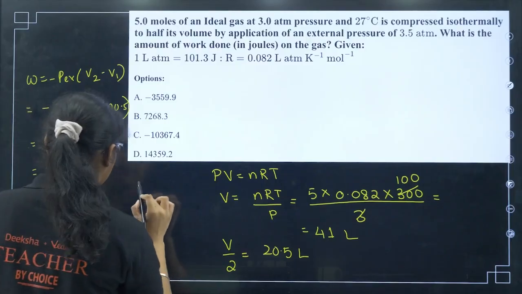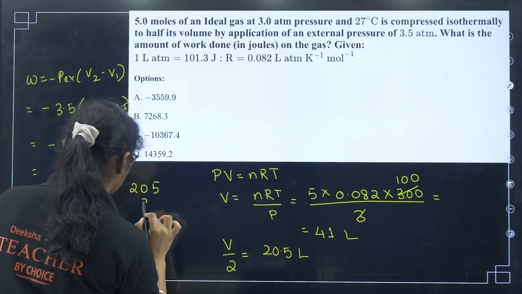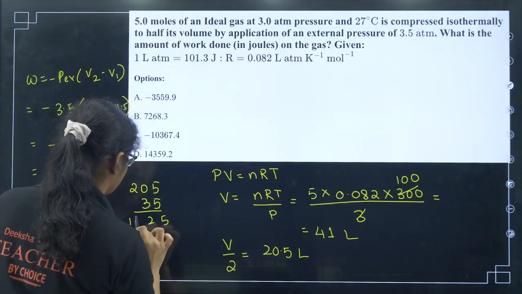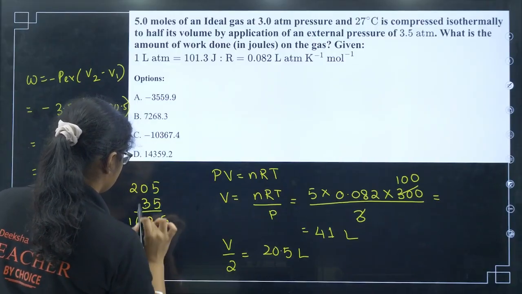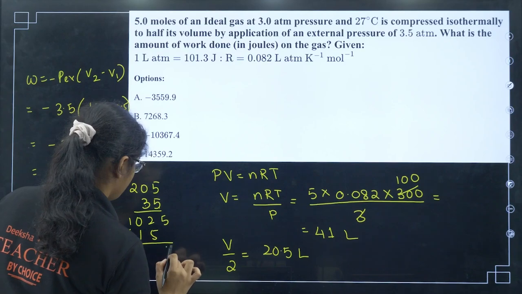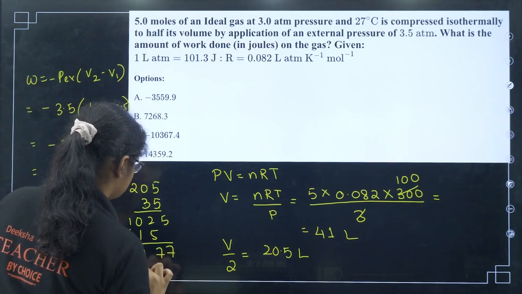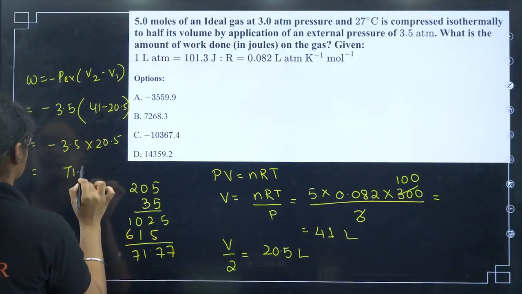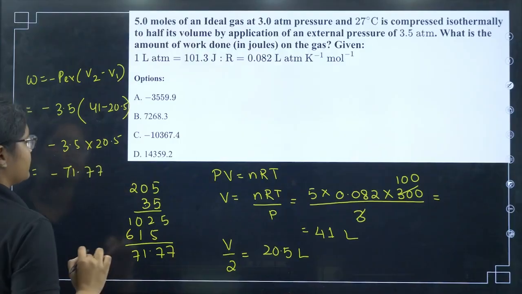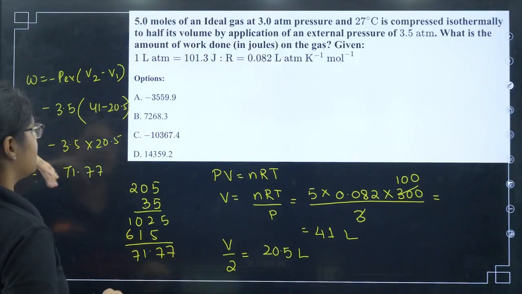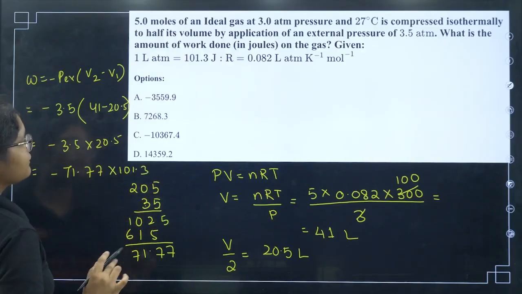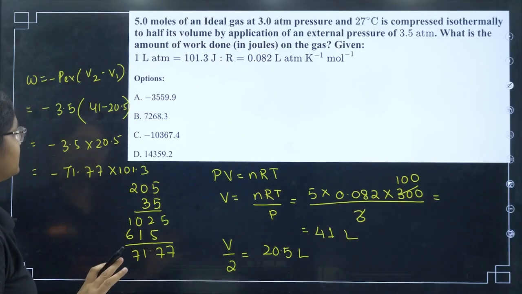So 205 into 35. 5 5s are 25, 5 zeros are 0, 5 2s are 10, plus that is 15, 3 zeros are 0, 3 2s are 6. So 7177, and 2 decimal places are there, so 71.77. Now you can see that you have to convert it into joules, so you multiply with 101.3. That will give me somewhere around 7000, right?